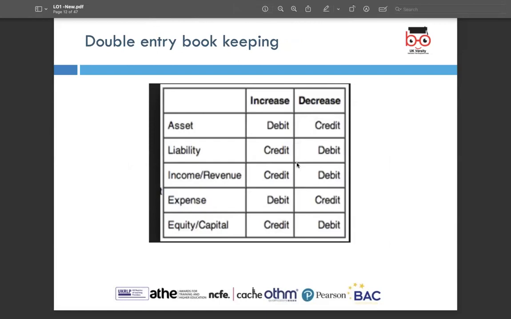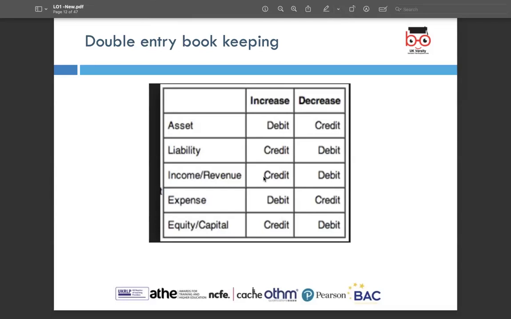For example, when purchasing office supplies, the asset account would increase with the debit entry. Liabilities increase with credit and decrease with debit. When a business pays off a supplier, reducing liabilities, it records a debit to the liability account. Income and revenue increase with credit and decrease with debit.